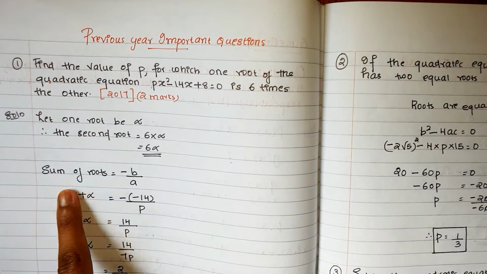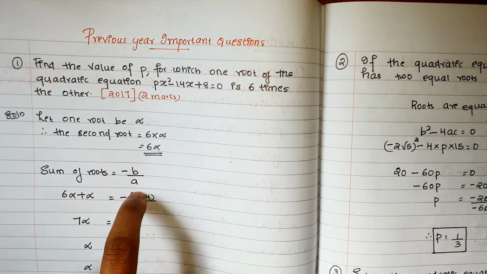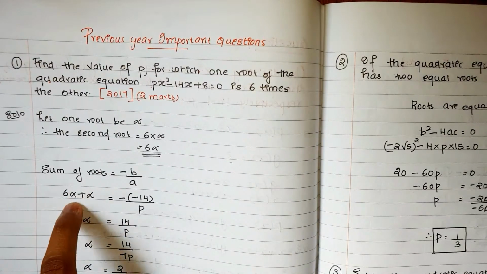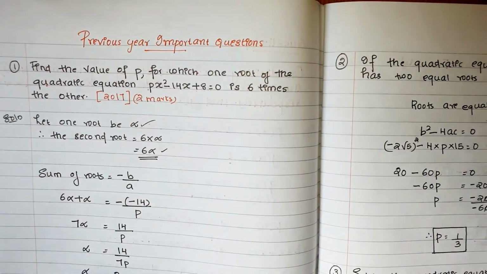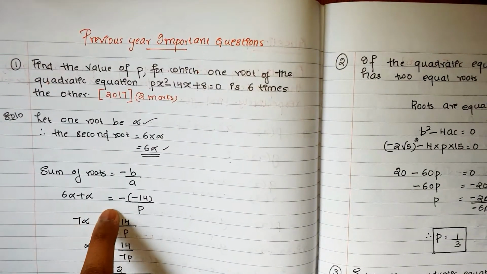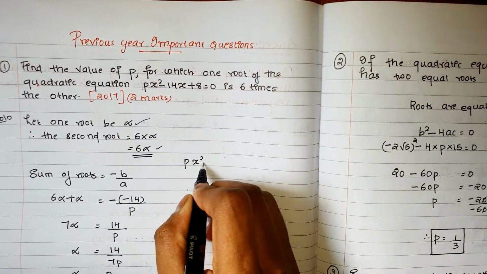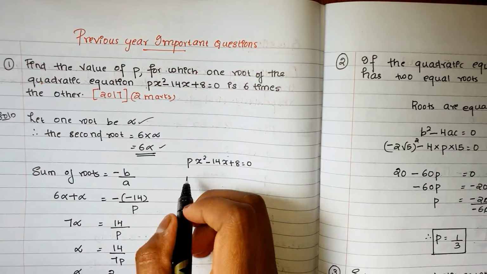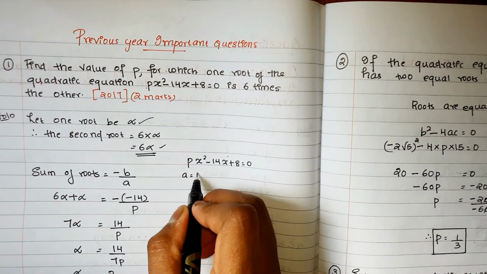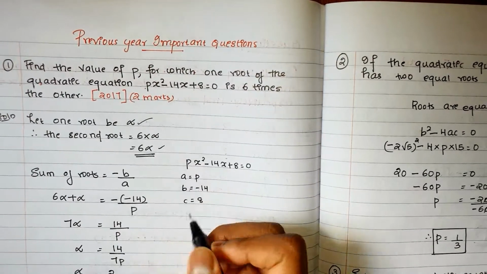Next, we know the sum of roots is equal to minus b by a. So the sum of roots means 6 alpha plus alpha. 6 alpha and alpha are our roots. So 6 alpha plus alpha is equal to minus b by a. Our polynomial is px square minus 14x plus 8 is equal to 0. So a is equal to p, b is equal to minus 14 and c is equal to 8.